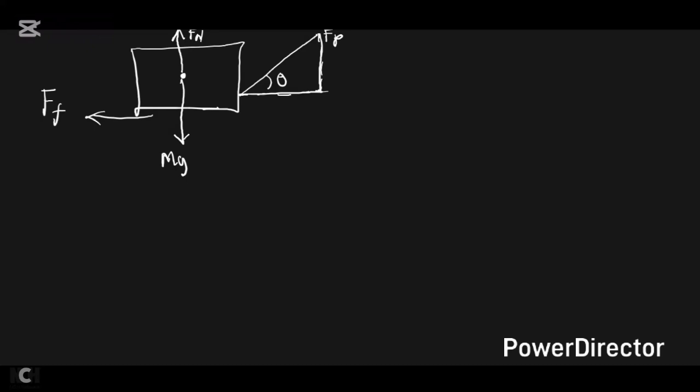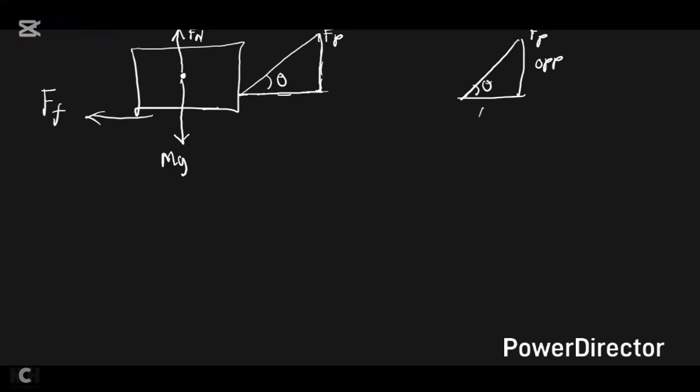According to the right-angle triangle, if we have theta here, here we have the pulling force. From here up to here is the pulling force, but we need to find the force in the y-axis and also the force in the x-axis. So this is the opposite of what?